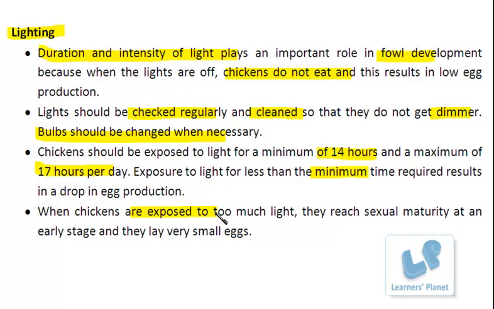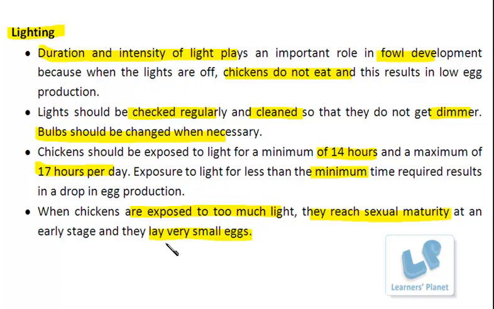Besides that, if the chickens are exposed to too much light, then they reach sexual maturity at an early stage. Now you may think that if it is so, then during the growing period much more light could be given so that they can obtain sexual maturity. But in that case the drawback is there. Such layers actually lay very small eggs.